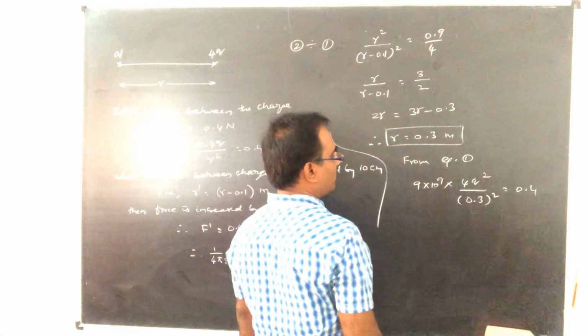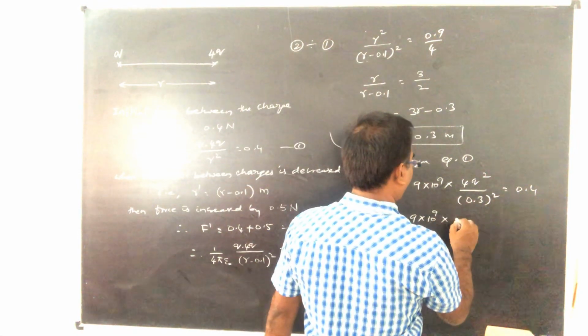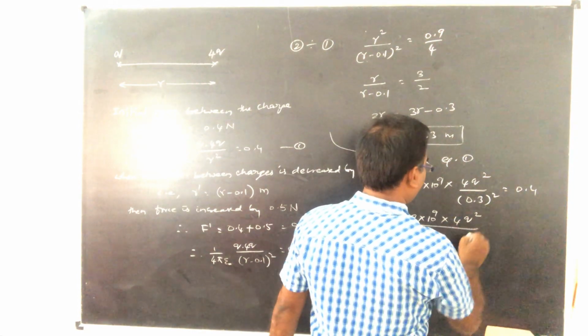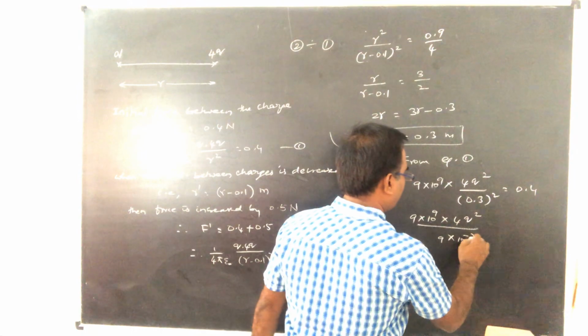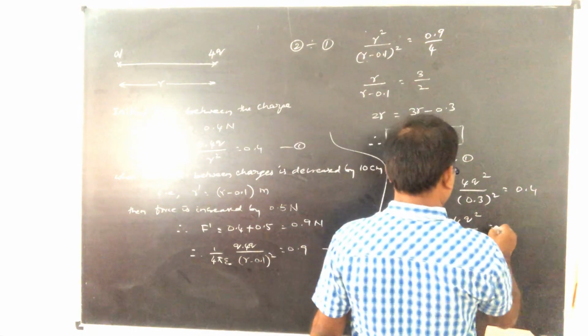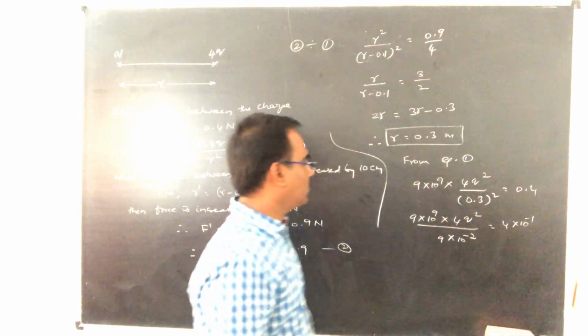Now you simplify this one. So 9 into 10 to the power of 9, 4q square divided by, this is 9 into 10 to the power of minus 2. So this is 4 into 10 to the power of minus 1.